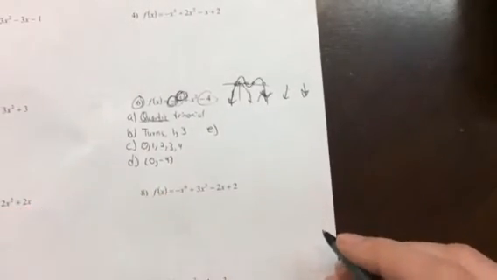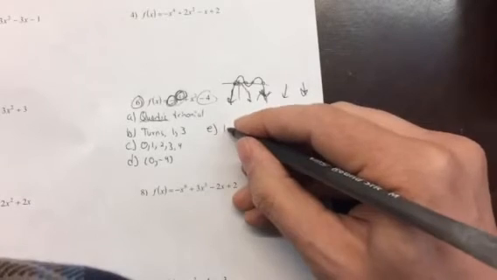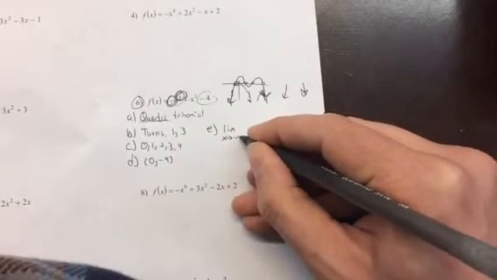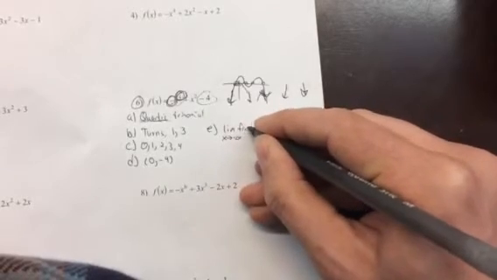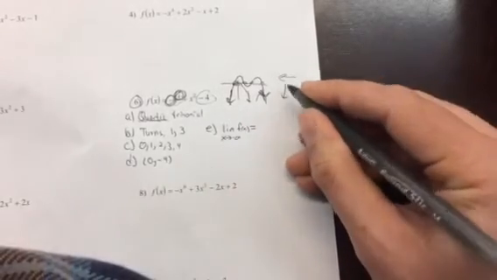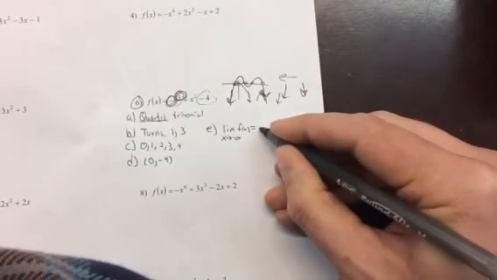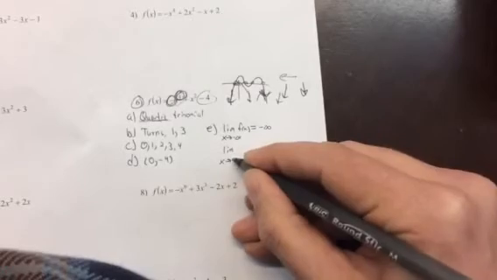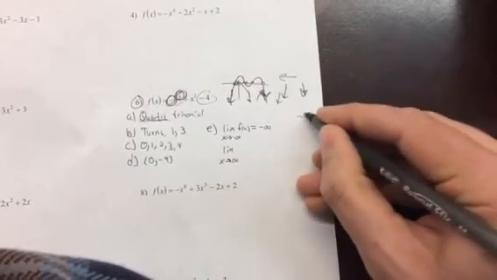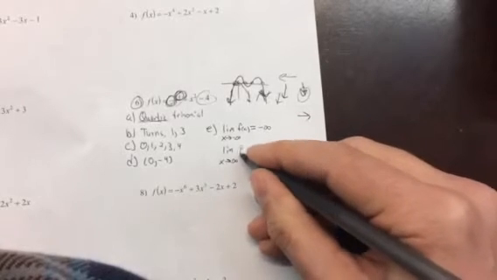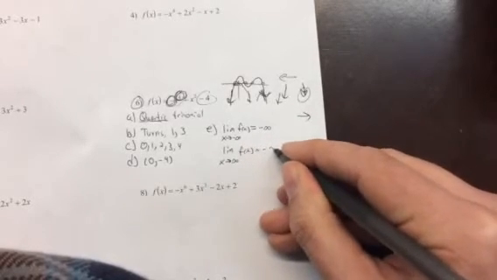The way we say that using limits is: the limit as x approaches negative infinity of f of x is, as x goes to the left, the y value goes down, so it goes to negative infinity. And as x goes to positive infinity, as x goes to the right, the y value also goes down, so the limit of f of x is negative infinity.